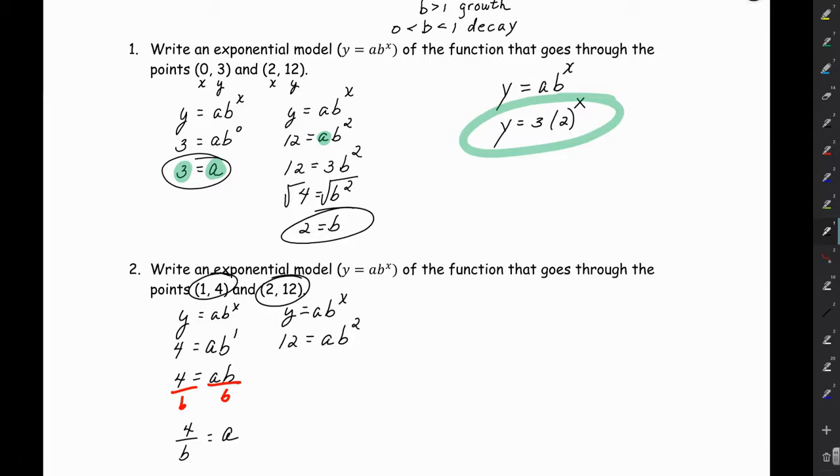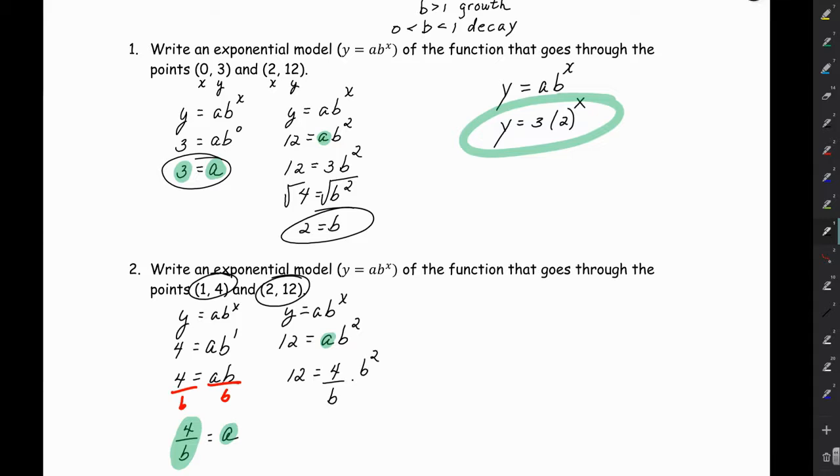Now, I'm going to substitute in what I found for a, and I know that a is 4 over b, so I'm going to replace a in my second equation with 4 over b. So let's write that out. So 12 equals 4 over b times b squared.